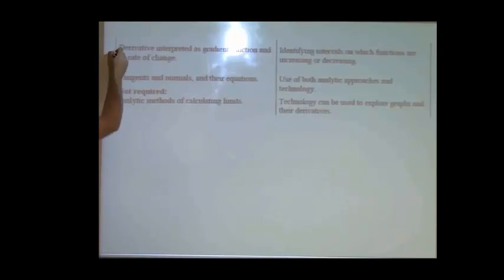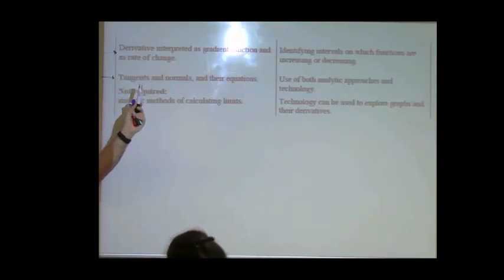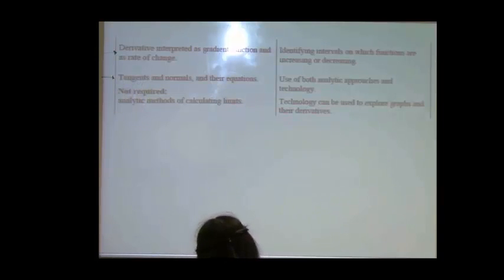Now, I would say that and this next one are two areas of like, well, definitely this first part is just how well you understand the concept. And then the second one is applying a bit of algebra.